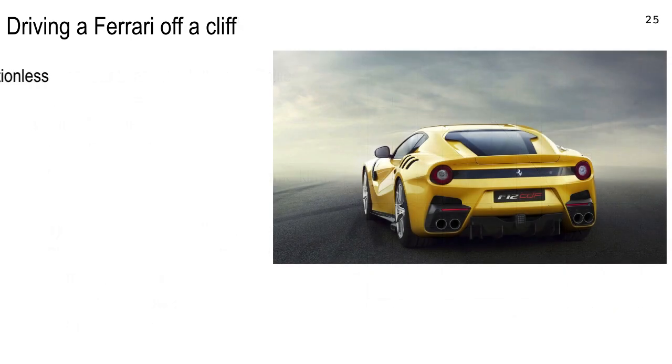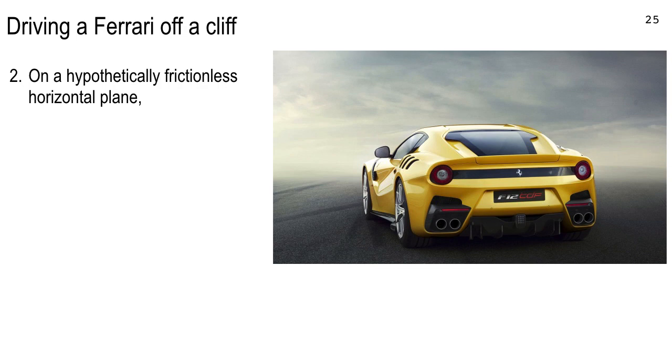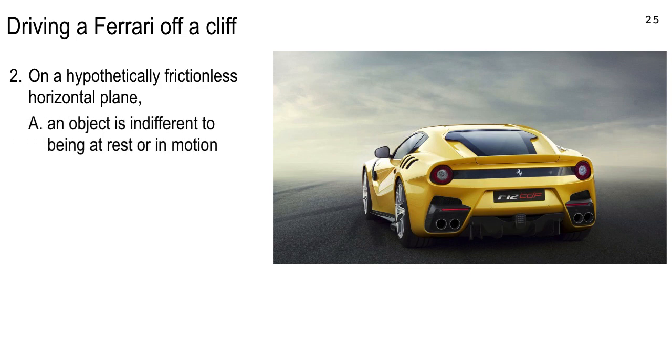So driving a Ferrari off a cliff from a horizontal, frictionless plane, the object, and this is the word that Galileo used, it's indifferent to being at rest or in motion. Up there on that hypothetical horizontal surface without friction, it doesn't care if it's in motion or if it's at rest.